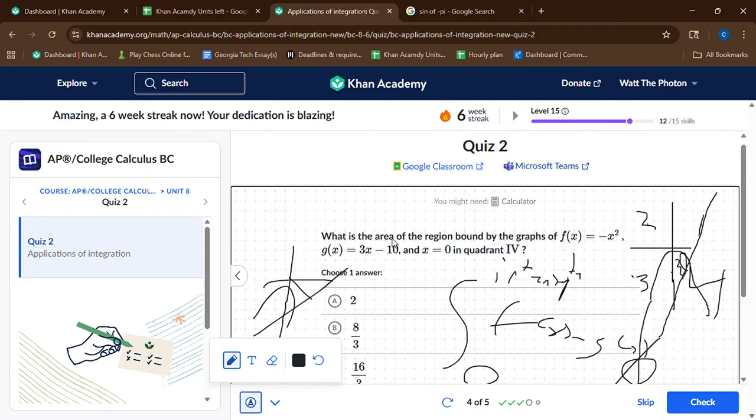Trying to find the area of the graphs of f of x equals negative x squared, g of x is equal to 3x minus 10, and x equals 0 in quadrant 4. What is the integral? We're trying to find that integral.